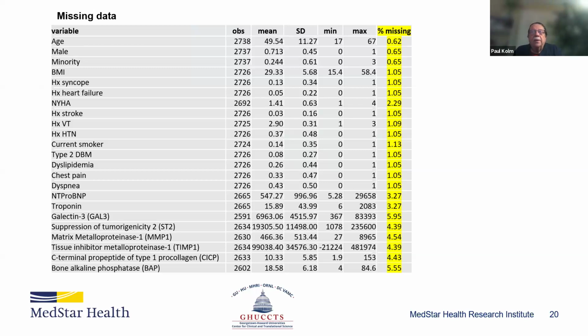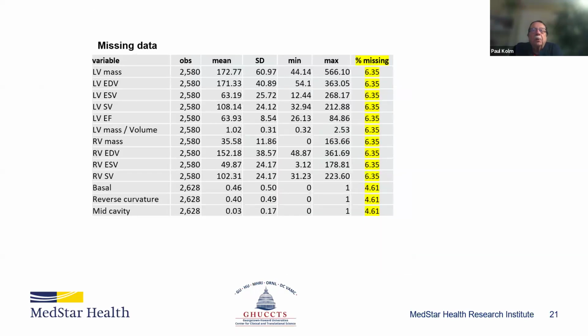And in terms of the variables that were related to getting MRI data, you can see that the missing was a little bit more, but for any one particular variable, it was about 6% or less. Overall, the missing in terms of the number of patients was a rate of about 18% of patients.